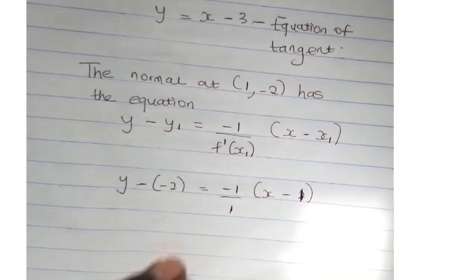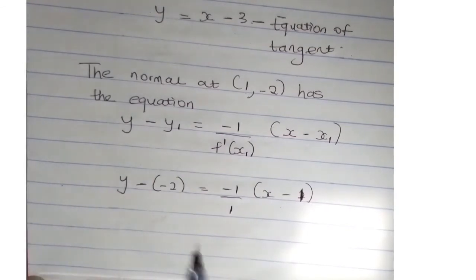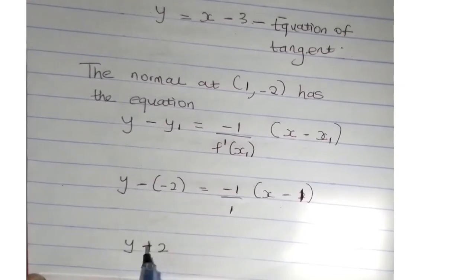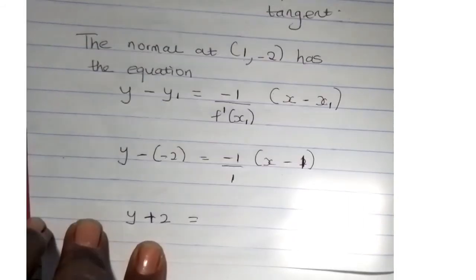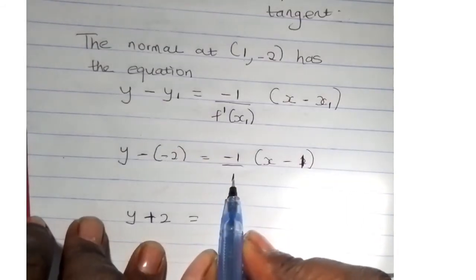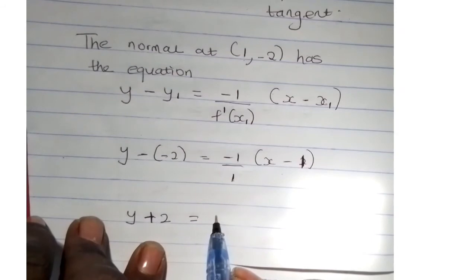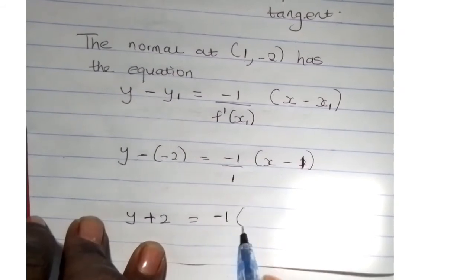Okay, so at this point we're going to have y plus 2, because minus times minus will become plus, equal to minus 1 divided by 1, which is minus 1, into x minus 1.